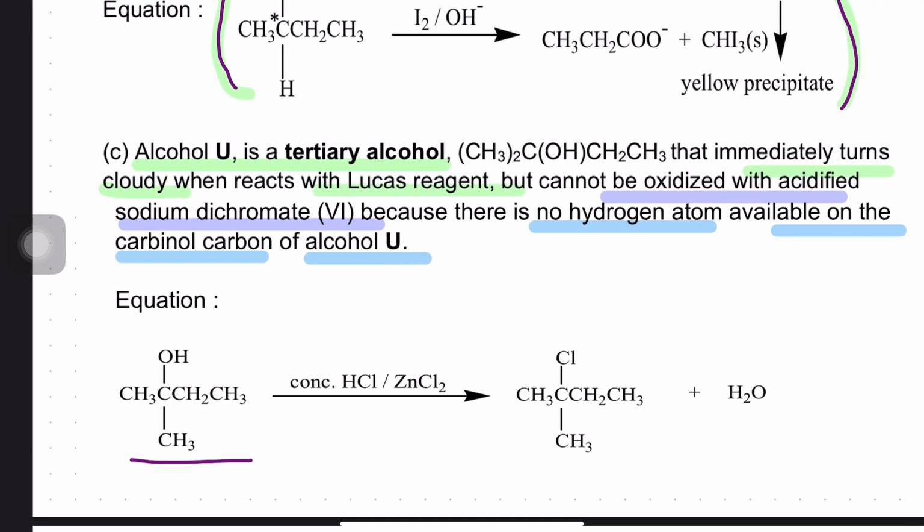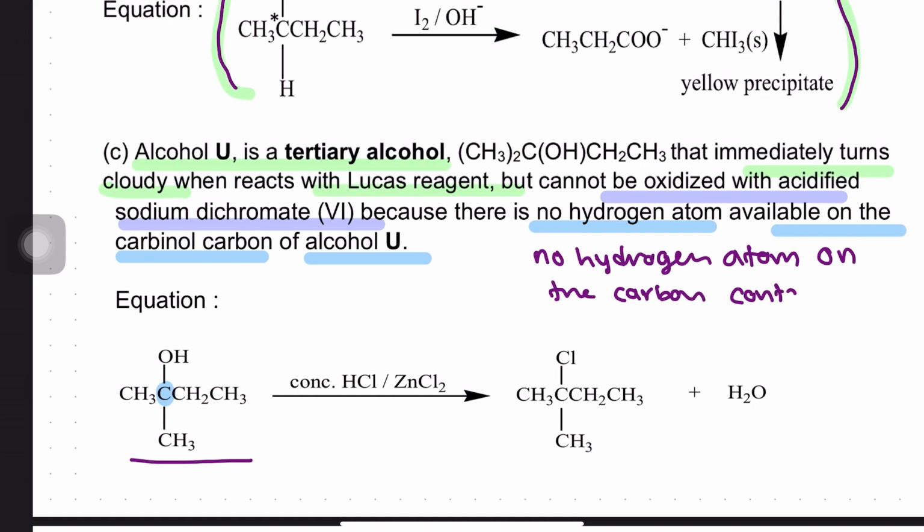carbon of alcohol U. What is the carbinol carbon? The alpha carbon. Or you can also mention that there is no hydrogen atom on the carbon containing or holding the OH group, which is the alpha carbon.